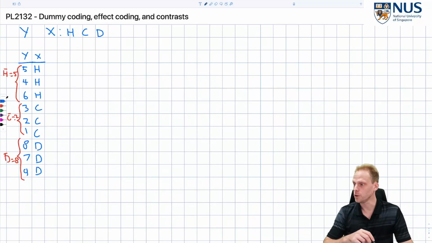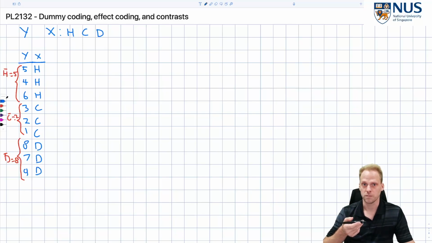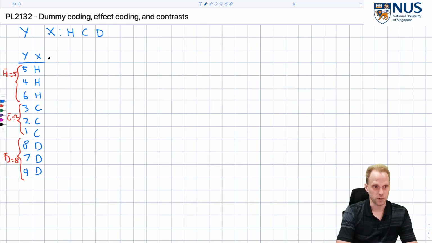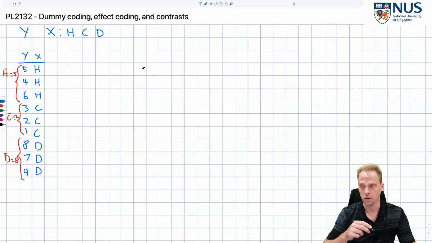Now, if you want to use this predictor in a regression model, we can't, of course, use a categorical variable like this because it doesn't have numbers. So what can we do? We can form a model where we use dummy variables.